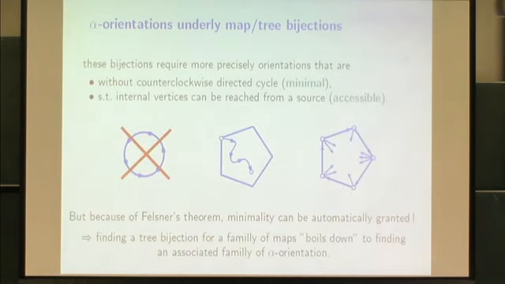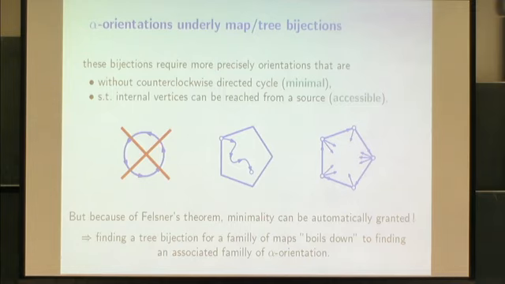And in fact, they require orientations that are more specific than the one I discussed until now. They require this orientation to be without counterclockwise cycles, to be minimal. That is, among the set of alpha orientations of a map, they specialize to the one which has no counterclockwise cycles.